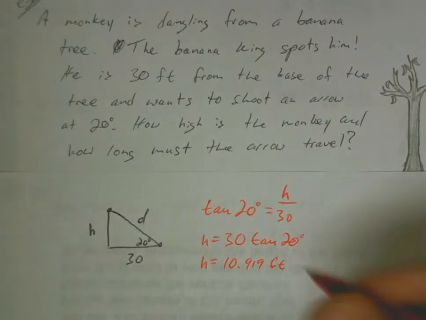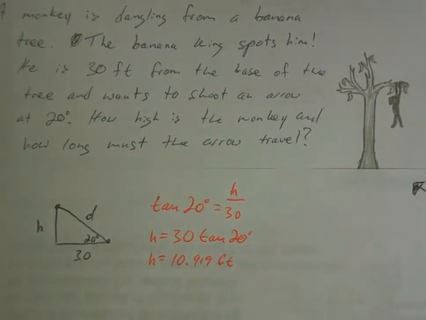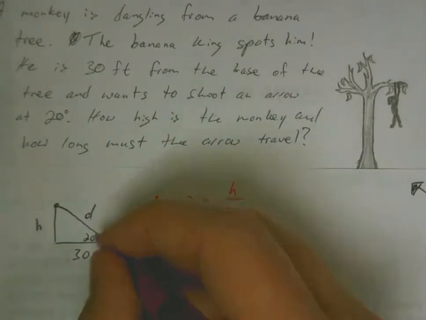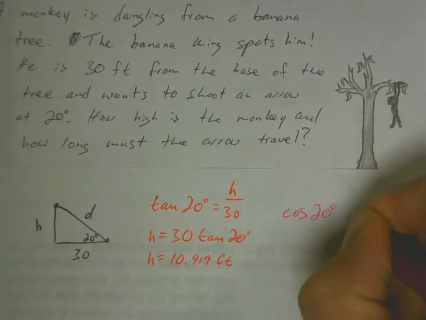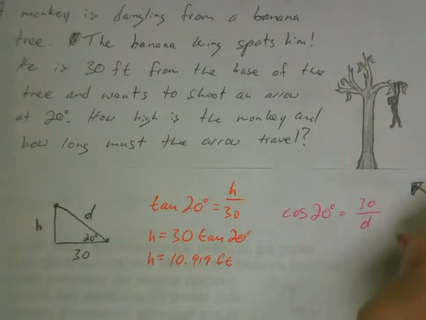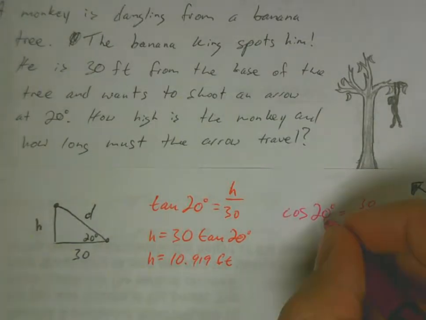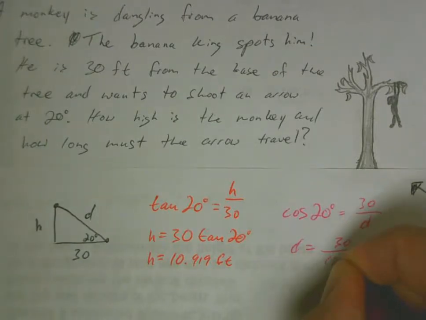And to find the distance, there's my monkey. The distance is the hypotenuse. I'm given the adjacent. The side that deals with adjacent and hypotenuse is cosine. So I'd say cosine of 20 degrees is adjacent over hypotenuse. Multiply by that d and divide by the cosine 20, so I will have d is 30 over cosine 20.